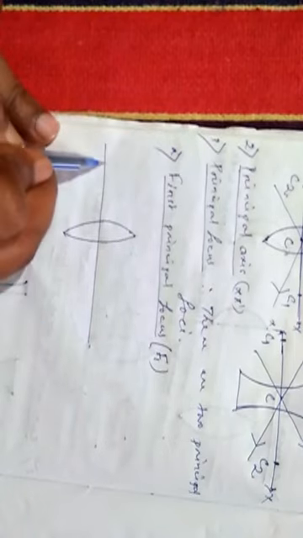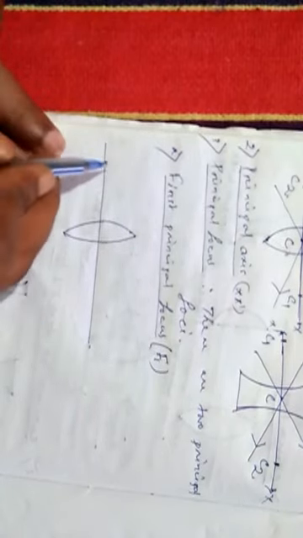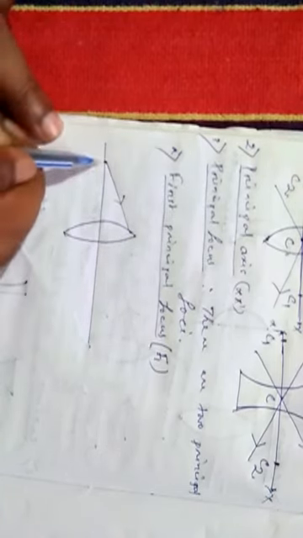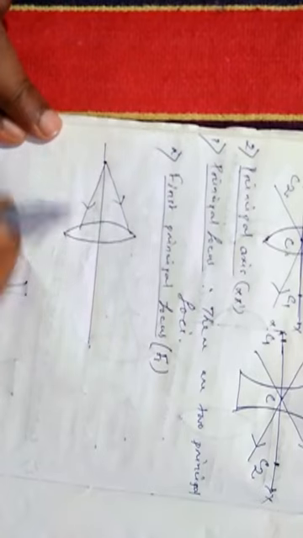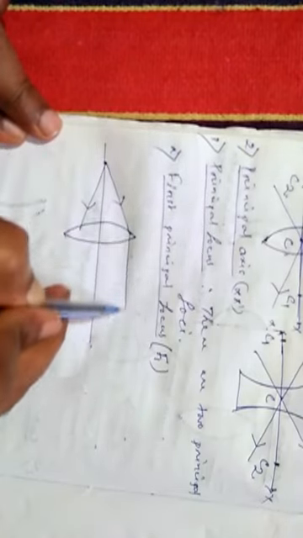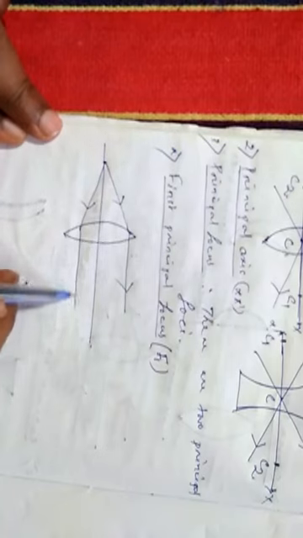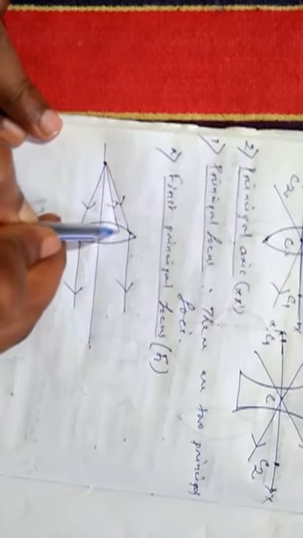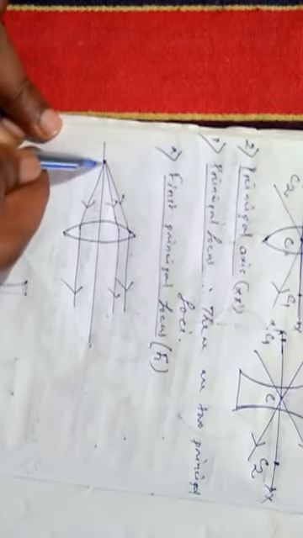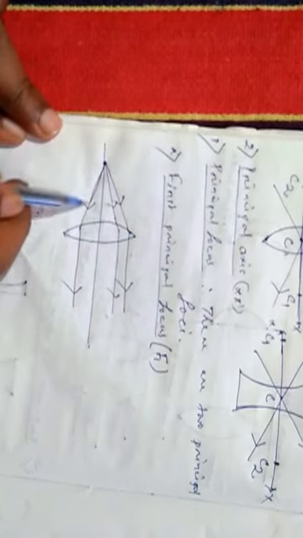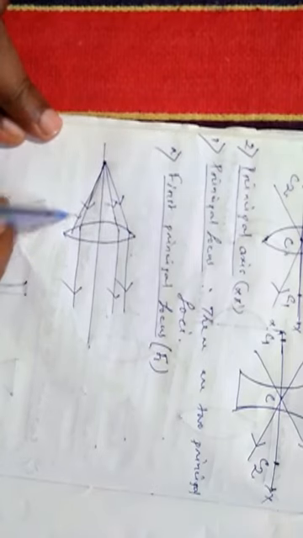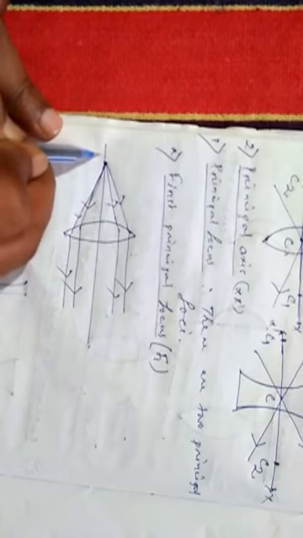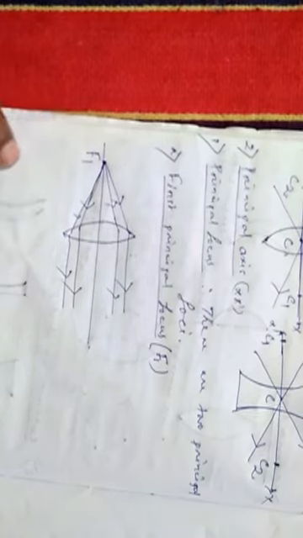If you take a point on the principal axis of the convex lens, then the light rays after refraction go parallel with the principal axis. So this is called first principal focus F1.